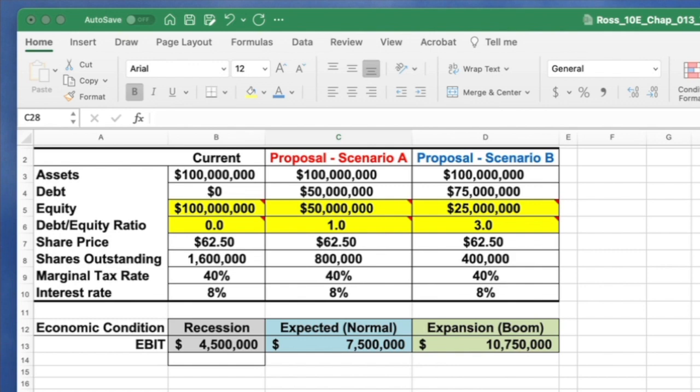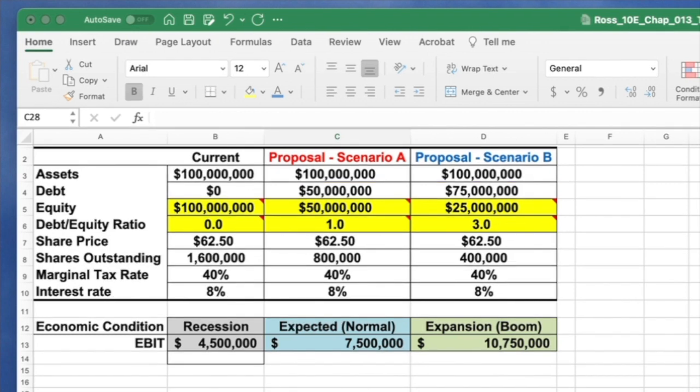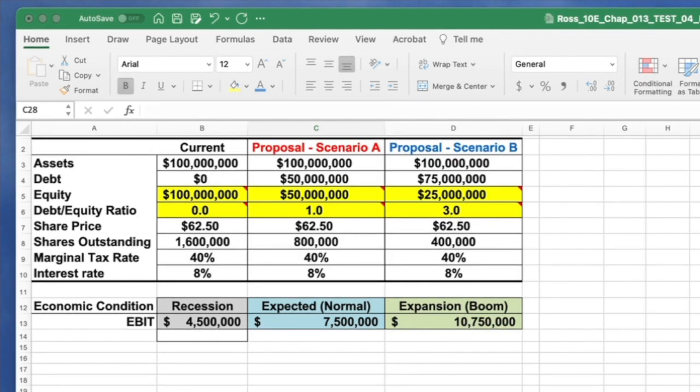In scenario A, the firm borrowed $50 million and bought 800,000 shares at $62.50, so they used up all the proceeds from the loan. That leaves the firm with a recapitalized capital structure of $50 million in equity and $50 million in debt.